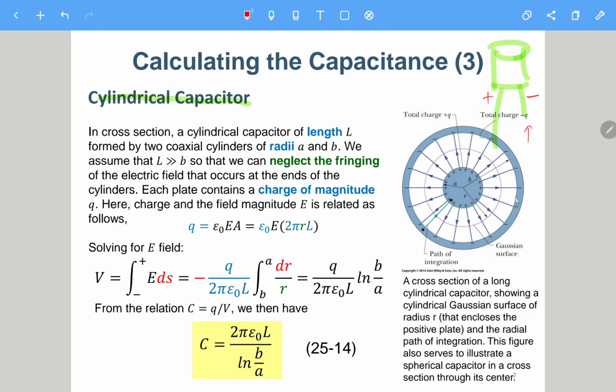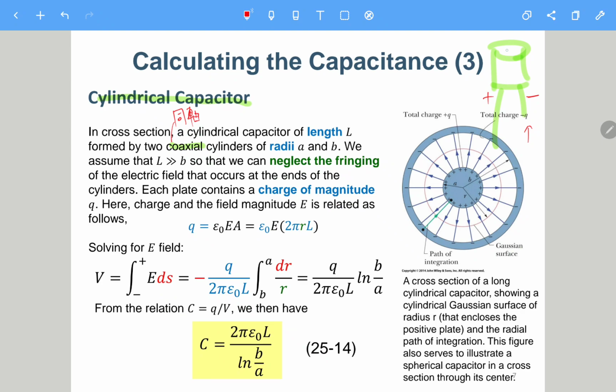Diagram here. It says in the cross section, a cylindrical capacitor of length L formed by two coaxial cylinders. This coaxial means 同轴, which means that this one is a cylinder, and this one is also a hollow cylinder. So they should have an axis.